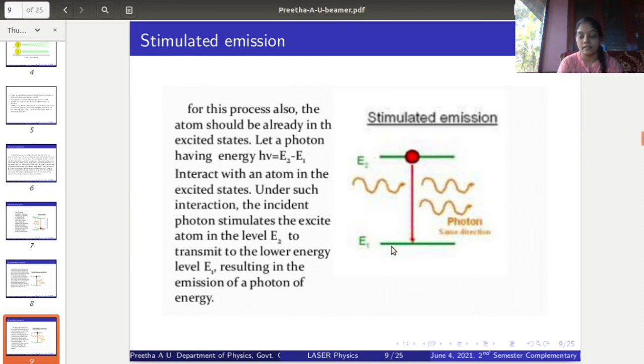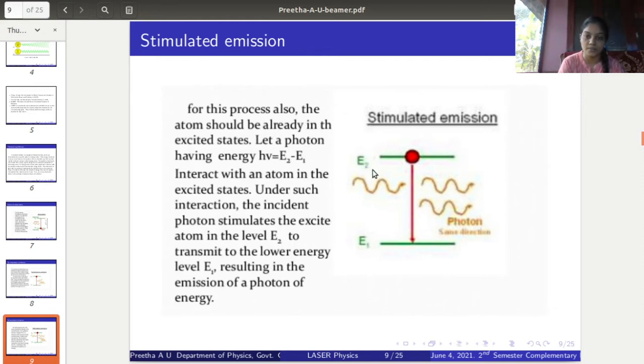That is, the atom was in the ground state, and it is excited to the higher energy by the absorption of h nu. At this stage, a photon comes and interacts with this excited atom, which causes an emission of its extra energy and the absorbed energy, and so two photons are emitted. This process is known as stimulated emission.